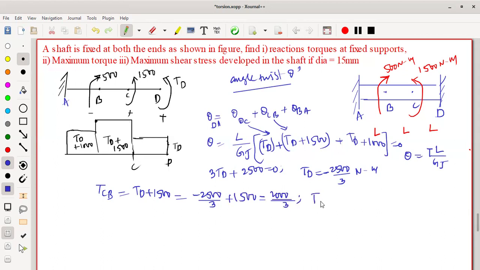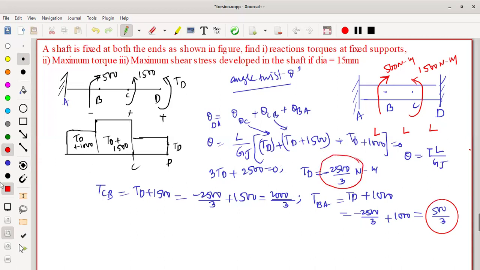Like that, T of B with respect to A is again TD plus 1000, so with TD as 2500 divided by 3 plus 1000, the value is 500 divided by 3. So these are the reaction forces, the reaction at A and the reaction at D.